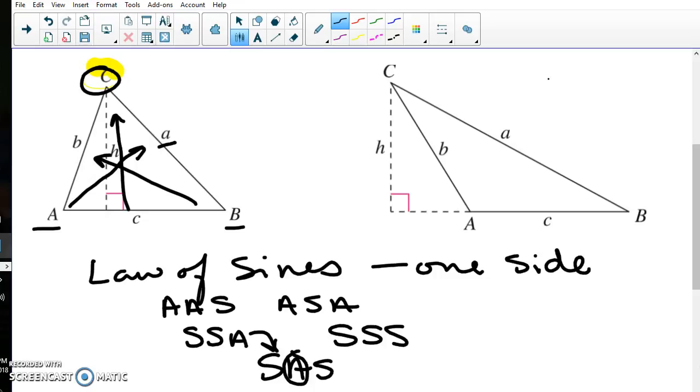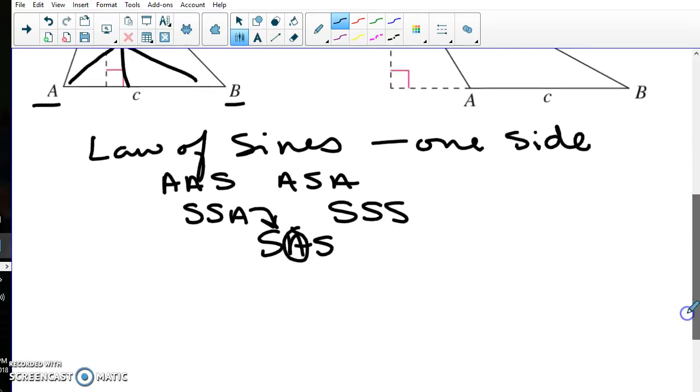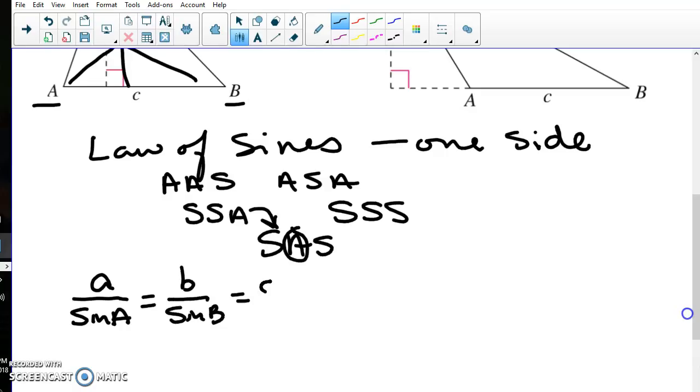If ABC is a triangle, sides a, b, and c, then the law of sines states this. The side a is to the sine of the angle A. That's proportional. All of these are proportional. So b is to sine B and c is to sine C. I just want to go over this quickly.